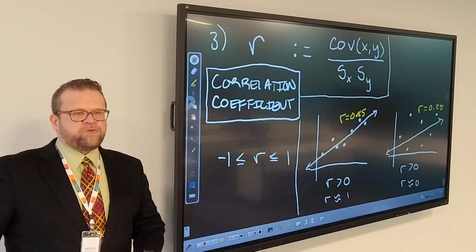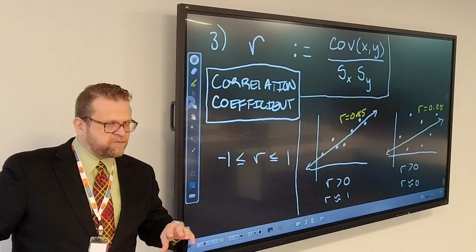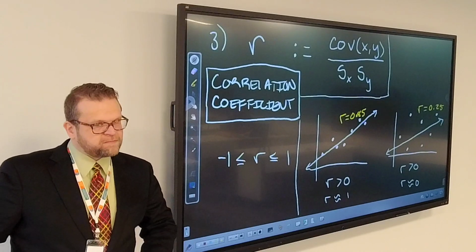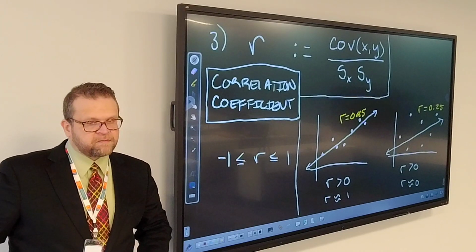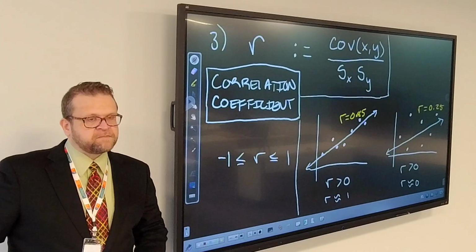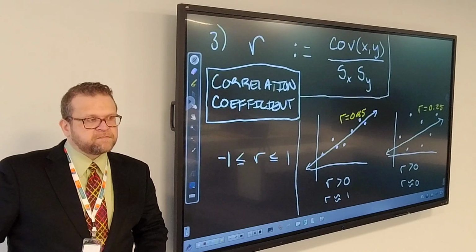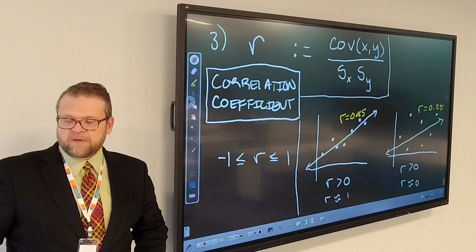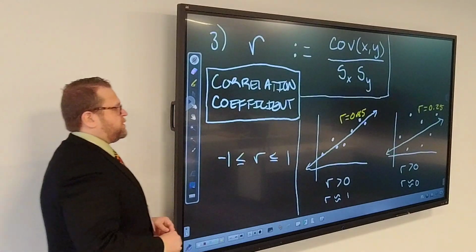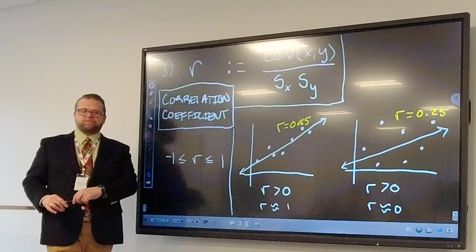Based on these two pictures, could you imagine what happens if R is negative and close to -1? Well, first decide what's going to happen if R is negative.